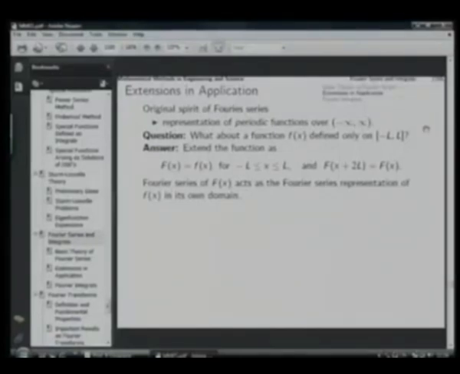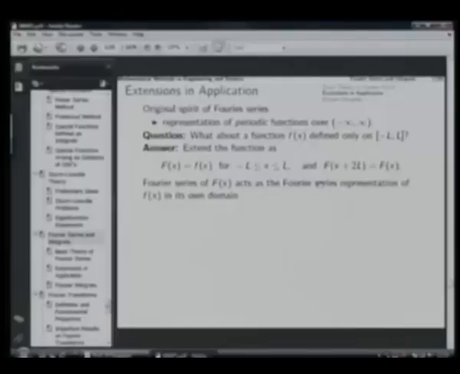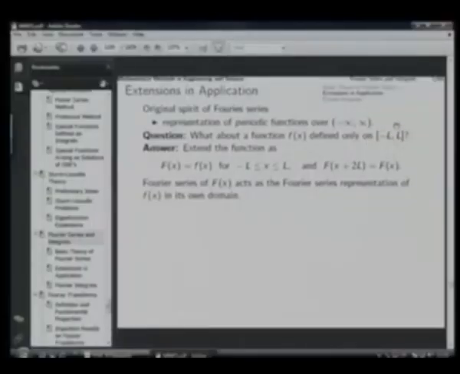Now, according to the original spirit of Fourier series, then we can develop a Fourier series for capital F, which will exactly match with small f over that interval of interest. Now, for the function small f, for which we are looking for the function representation, the values outside this interval will have no meaning, but whatever is the series representation over this interval will be the same as that for capital F(x).